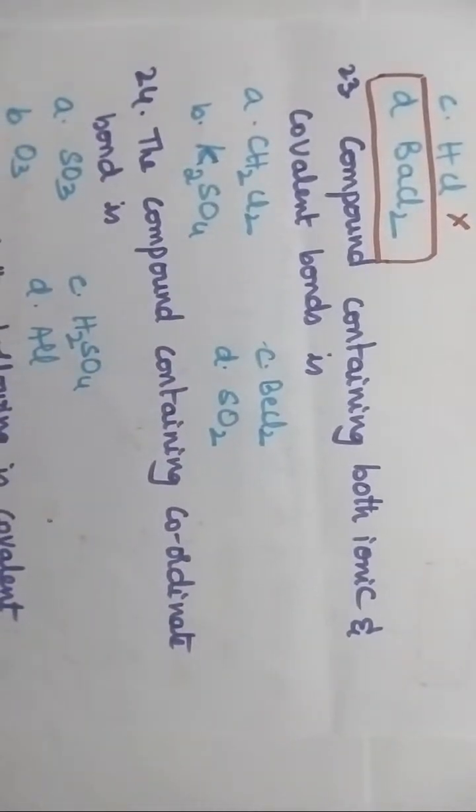Coming to the next question. Compound containing both ionic and covalent bonds is... Anyway, I will eliminate two options.